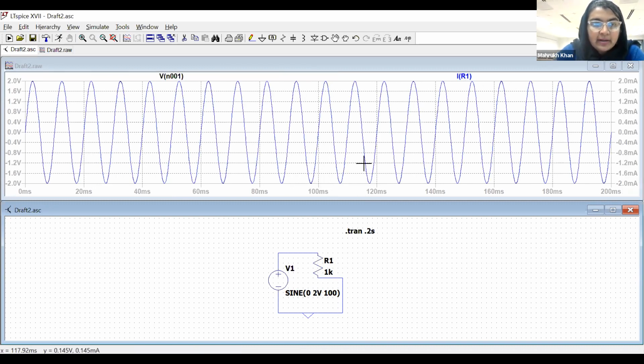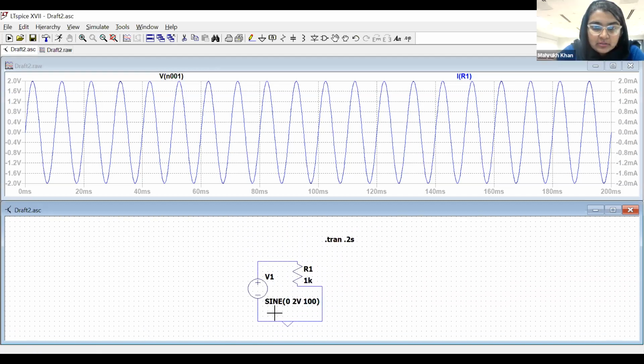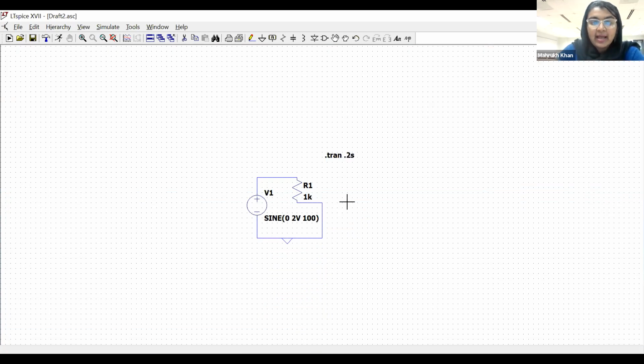Your current and voltages are the same, so it means your resistance does not change. Similarly, if I increase it further, it will also not change because resistance is just the real impedance and it does not have any frequency part in it. Sounds good?